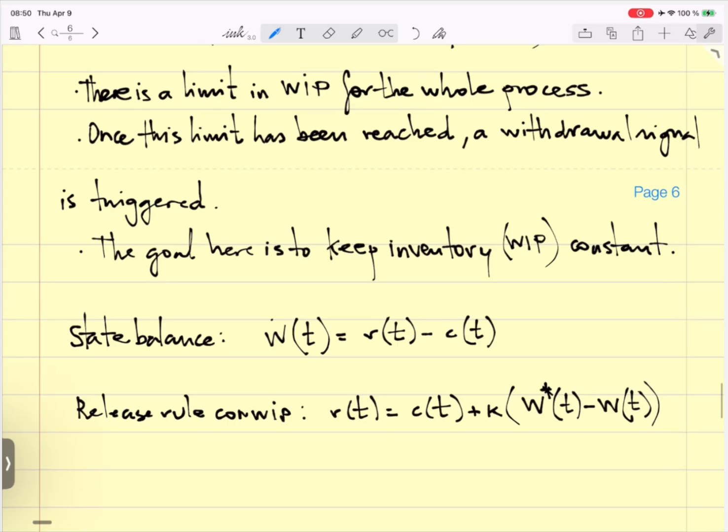And here is exactly the same game as above. We insert this into each other.